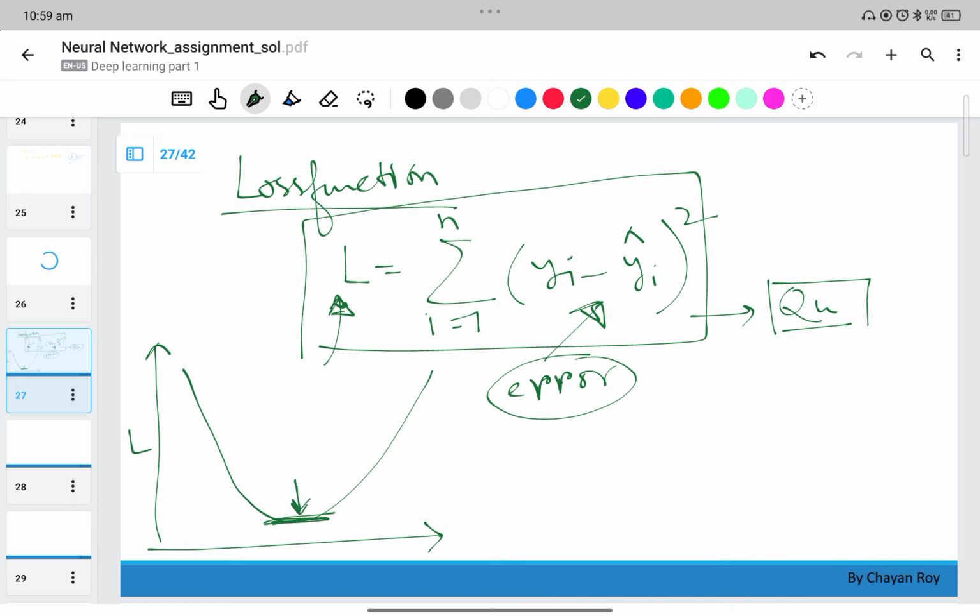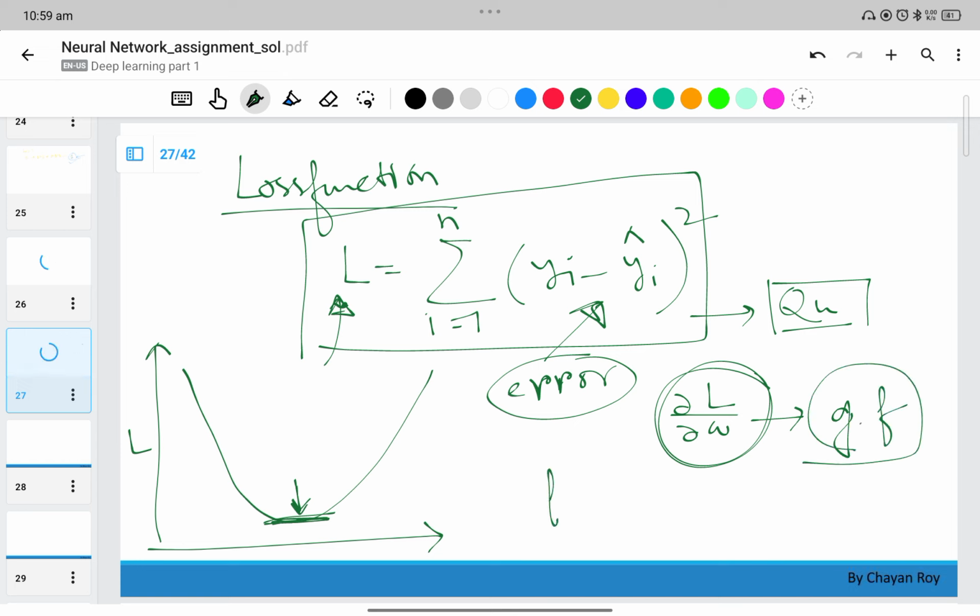In order to minimize this error, we need to differentiate it with respect to the w's. To do that we need differentiation with respect to g and f. That's why we have taken f in such a way that it is differentiable. If we don't take the sigmoid function and take a step function like this, it is not differentiable at these 2 points, so we cannot calculate the minimum loss using it. So we take a smooth function like sigmoid to calculate this minimum.